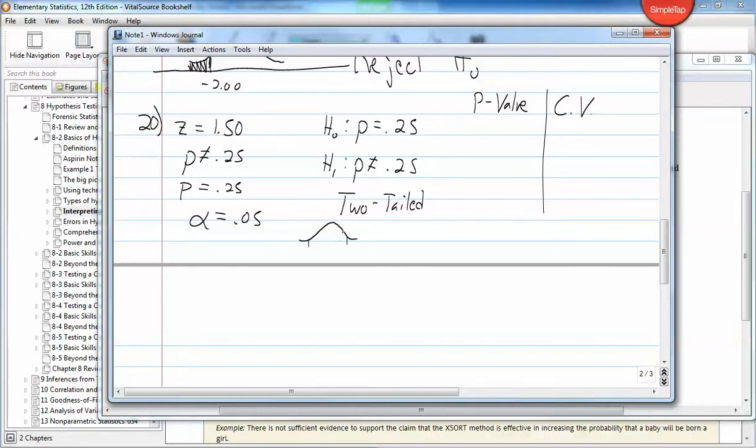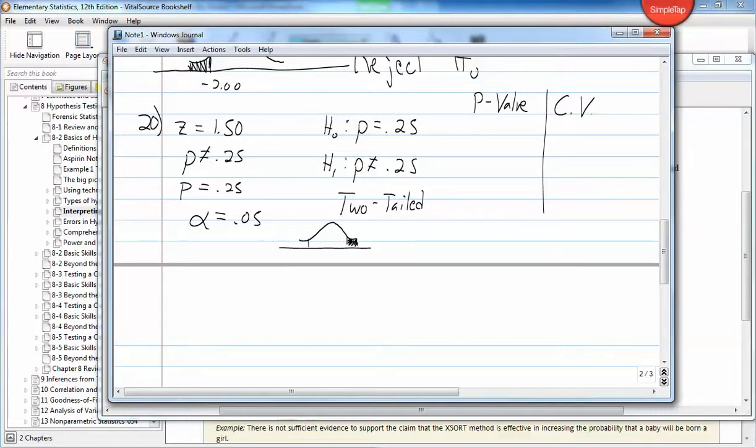So our test statistic is on the right side of our bell curve. Since it's two-tailed on the right side, we want the area to the right and then twice that. That's going to be the p-value, because it's actually this and this. So that's why we have to say twice that.